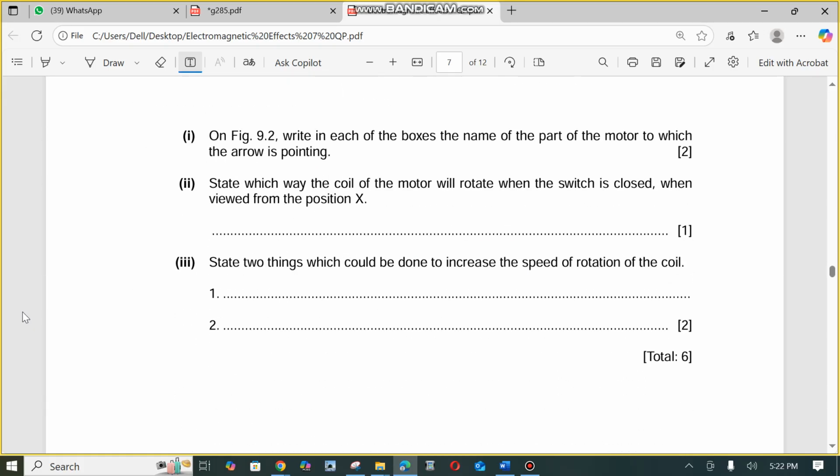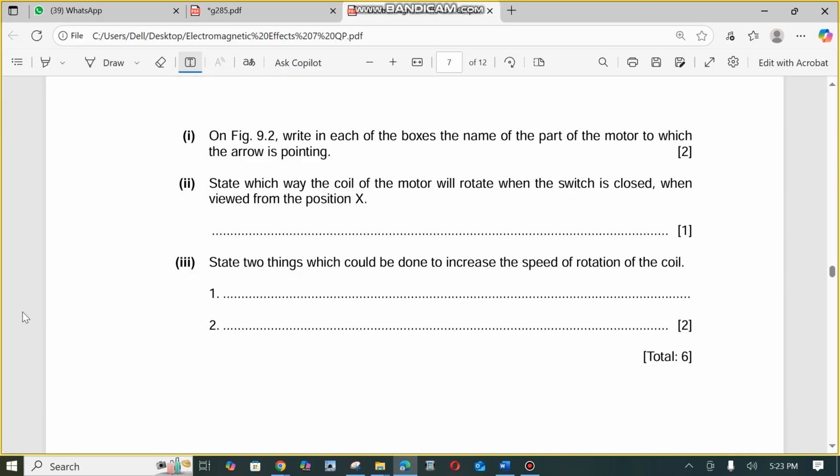So, part 2. Can you read part 2, Basil? On Fig 9.2, write in each of the boxes the name of the part of the motor to which the arrow is pointing. Oh, this we already did. Okay, the second part.